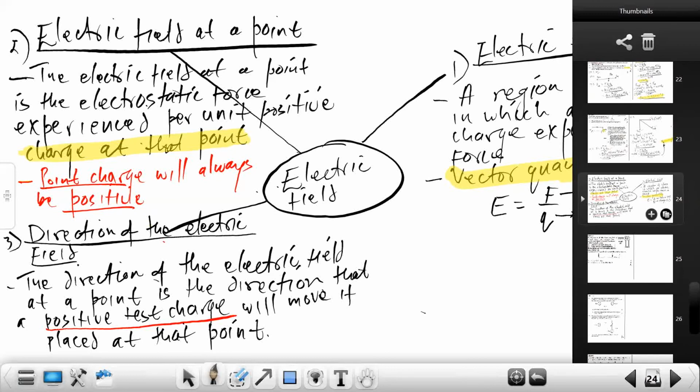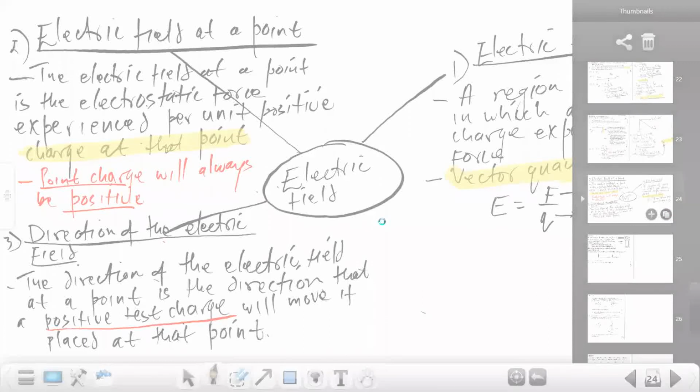So let me move and duplicate. Then it will give me some space to add a few things that I want us to look into.